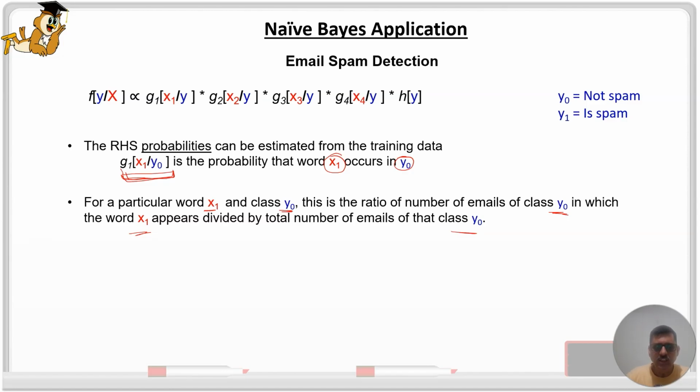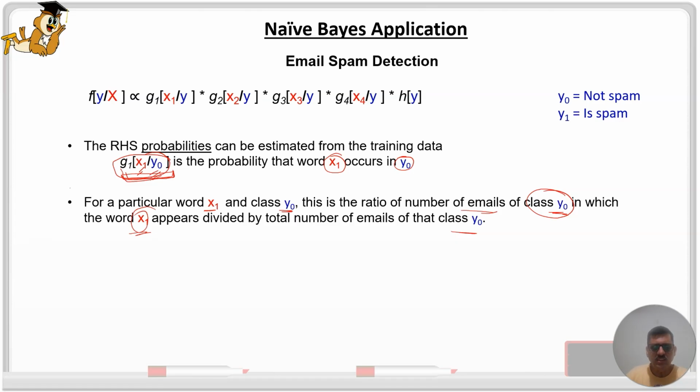You have to find G1 of x1 given y1 and y0, G2 of x2 given y0 and y1, and so on and so forth. How would you go about finding all of those? For example, G1 of x1 given y0, that means the probability that the word x1 appears in emails that are classified as not spam, is simply the ratio of the number of emails in class y0 in which the word x1 appeared, divided by the total number of emails in that class.